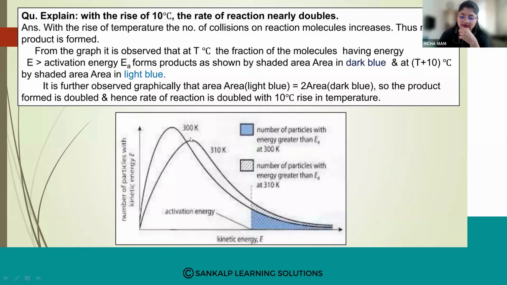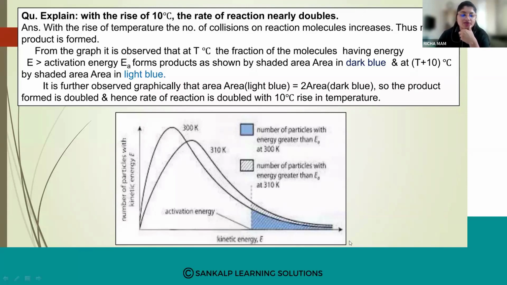So what happens with a rise of 10 degrees Celsius is that the rate of reaction nearly doubles. So how is it doubling with the 10-degree rise in temperature?